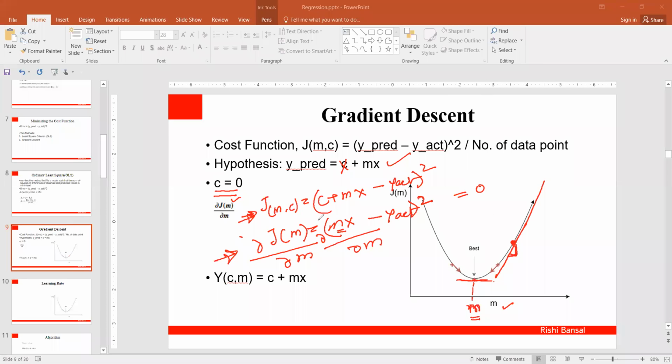This value is nothing but your slope, and when you equate it to 0, you will get this minimum point, the point at which your error is minimum. This whole equation, this parabola, is your error, and this error is minimum at this point. This is the value of M for which your error is minimum. So we are interested in finding this value M. Is this point clear to everyone?